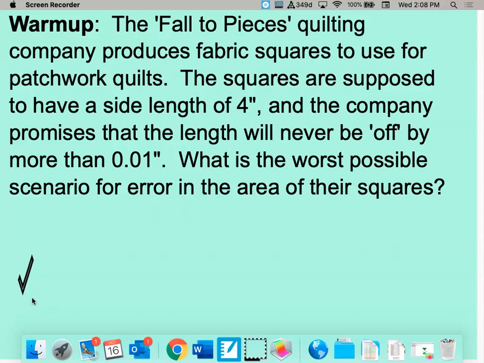The government actually controls for different types of products how much error is allowed in packaging, or in production of the product. So for this one, the company promises that the error in the length of a side will never be more than 0.01. They don't say if it's going to be higher or lower. Could be either way, right?